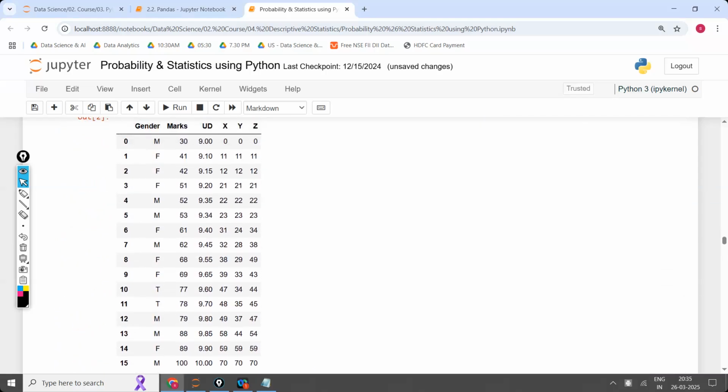Now, coming to this. Some plots you have drawn as frequency distribution.